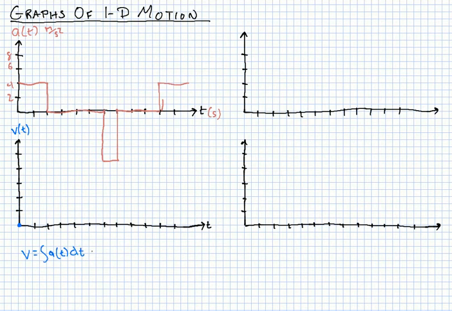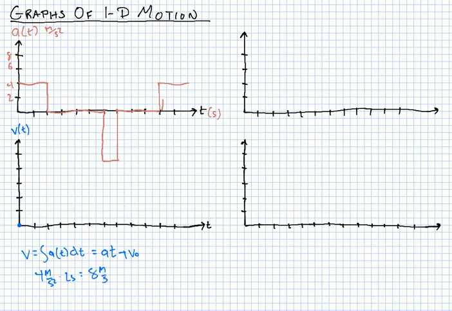So in this case, if we have a constant acceleration, that means we have the acceleration times the time plus our initial velocity. So we really have to define this when we start out. So we're going to define that we started out from rest. In this first period of time, we had 4 meters per second squared for 2 seconds, and so the change in velocity is 4 meters per second squared times 2 seconds.